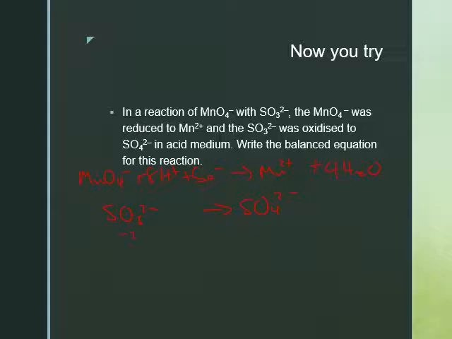Minus 2, minus 2, minus 2 equals minus 2, so this is plus 4. This is plus 6. So I need to put 2 electrons here. Next, it's acidic. I need to balance the equation. I can either use H2O to 2H plus, or 2H plus to H2O. Now in this case, I have too many oxygens on the right. So I need to use the first one. I need one extra oxygen, so I just add one time.